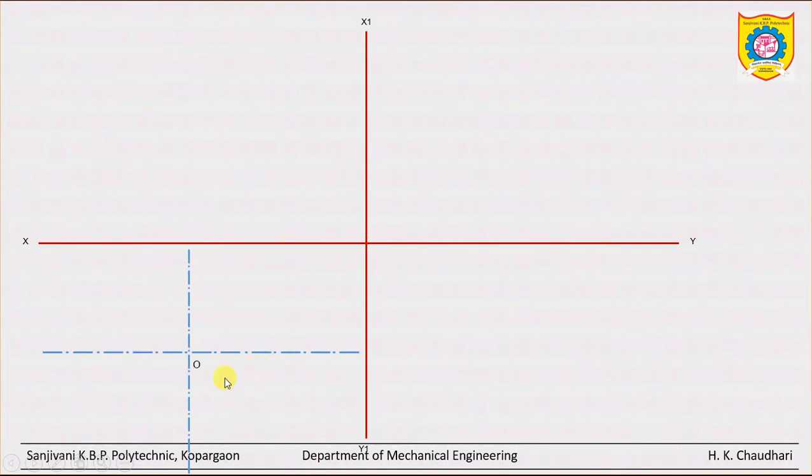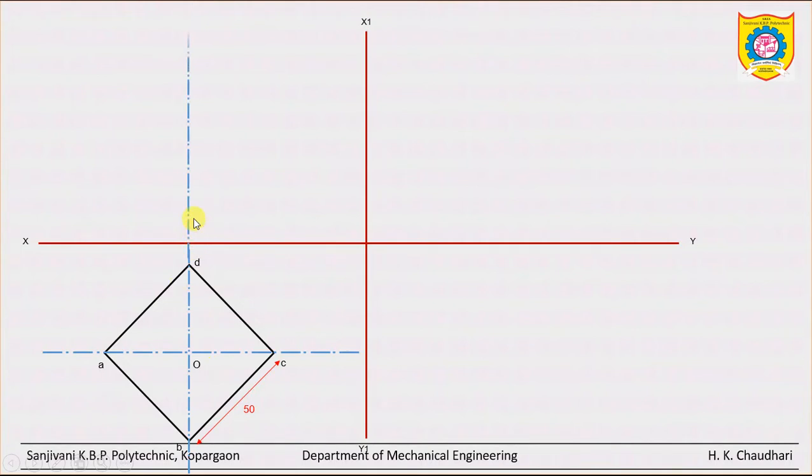Now we know very well how to draw such a square. The size is given, 50 mm. Okay, now just label the corners A, B, C and D.